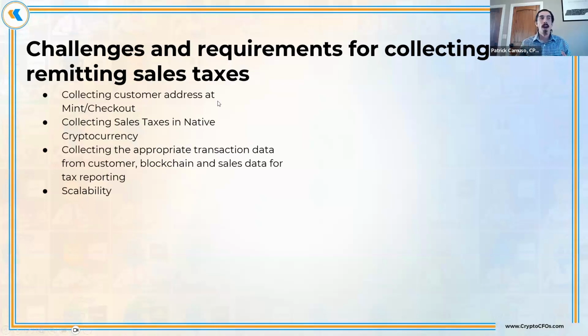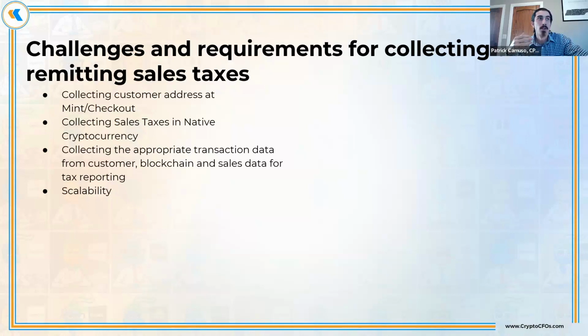Then on top of that, you're going to have to start collecting at the point of sale all of the data that's going to be necessary for tax reporting. Now, tax reporting for sales taxes varies. It can be monthly, quarterly, or yearly, but you're going to have to collect the appropriate data to be able to file the forms and get into compliance.